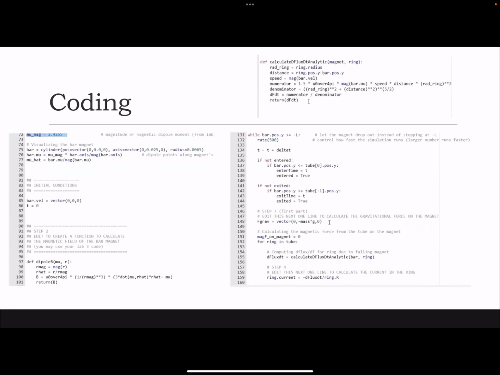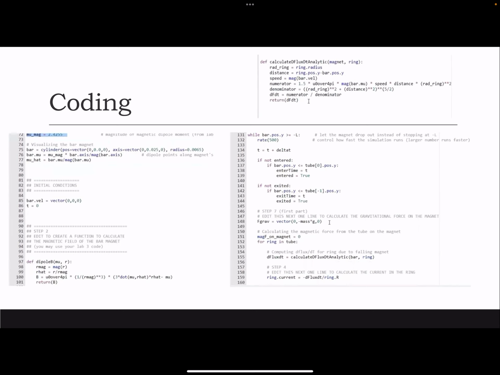So in the code, this lab had a bunch of code, so we're just going to do a short summary. On the top right, you can see that's how you calculate the magnetic flux. And on the bottom left, this was how I calculated the magnetic field of the bar magnet, because once again, it had its own magnetic field just like the foil did.